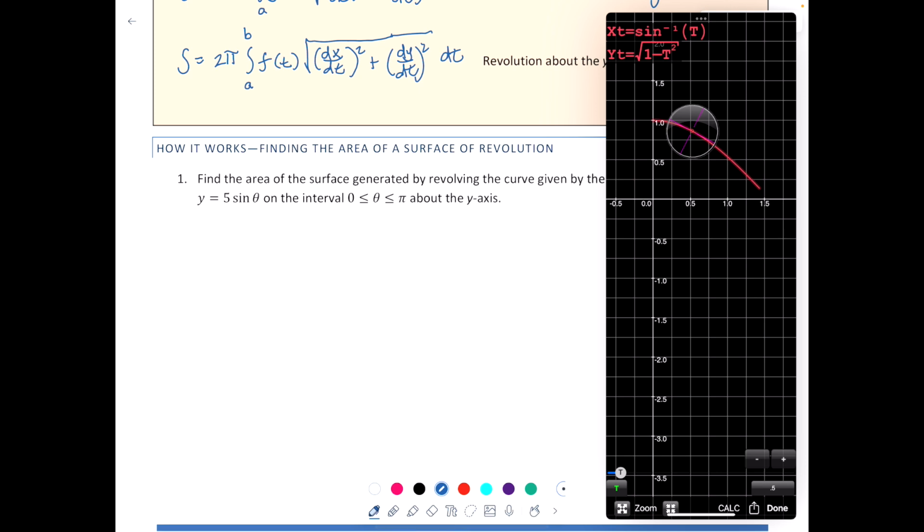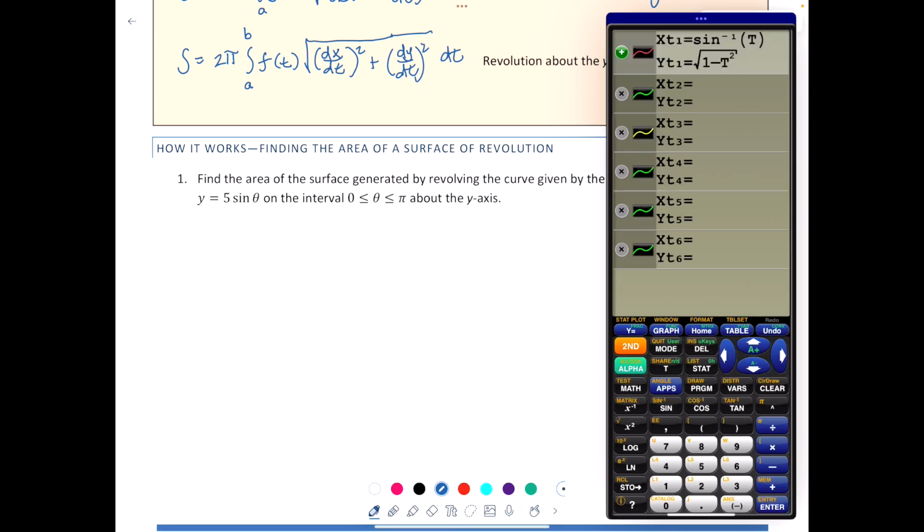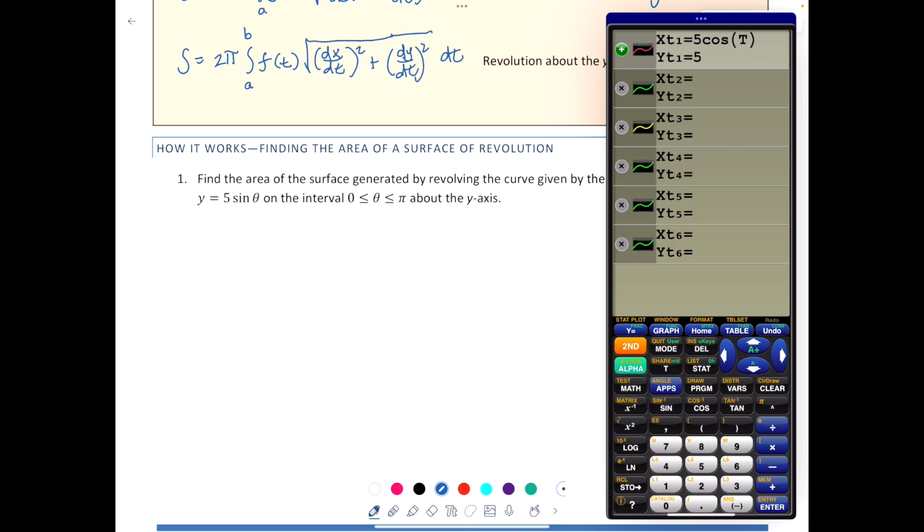We'll go back to our y equals, and I believe the first one was 5 cosine theta. We'll just use t in this case. The second one is 5 sine theta. Again, using t on this calculator.